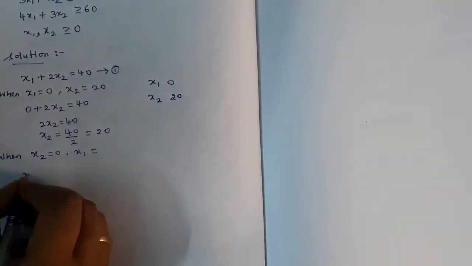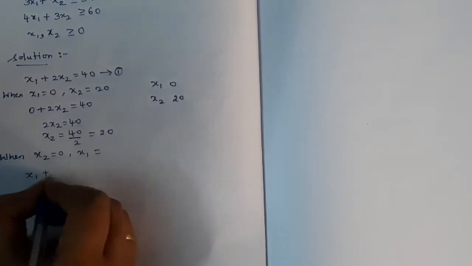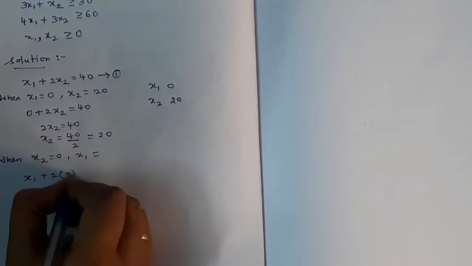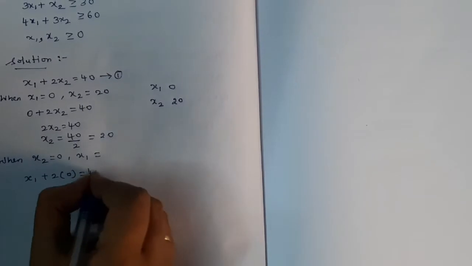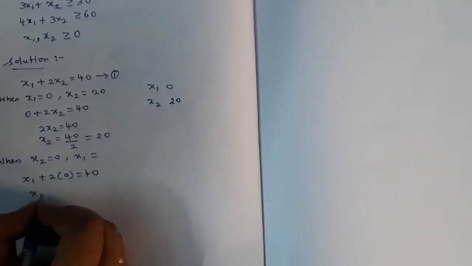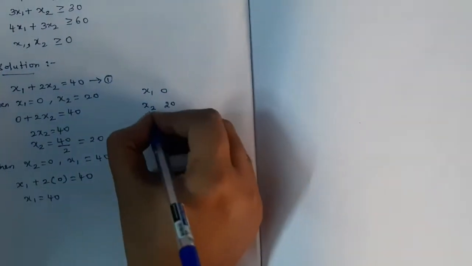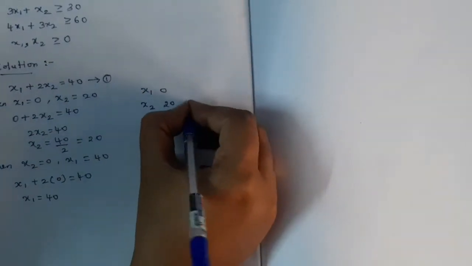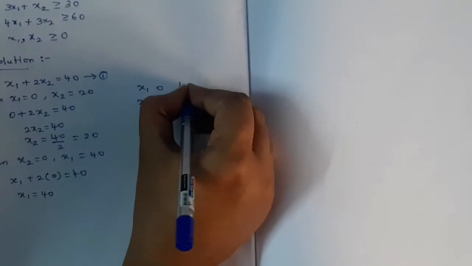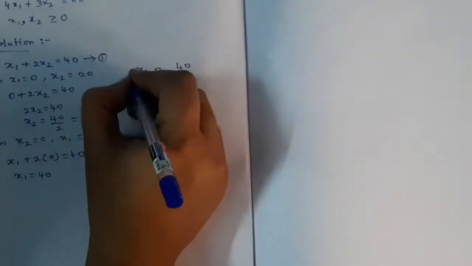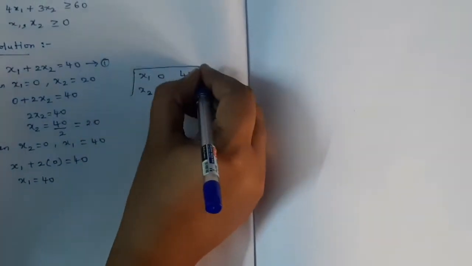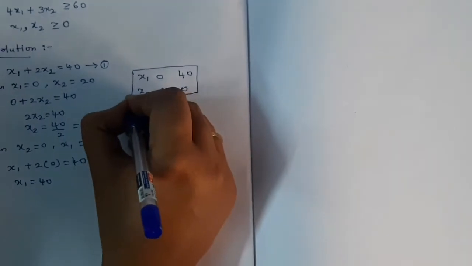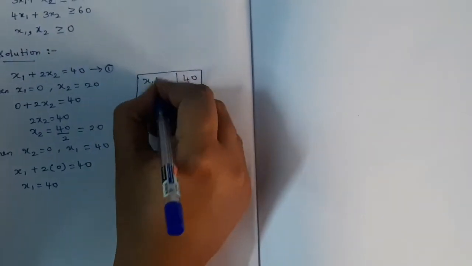So x1 remains same, 2 into x2 is 0, that is equal to 40. So x1 is equal to 40. So when x2 is 0, x1 we have got 40. So this is the first table. We have got the x1 and x2 values using the first constraint.